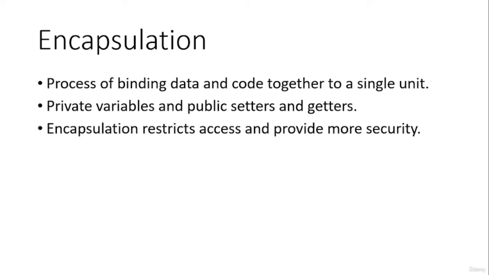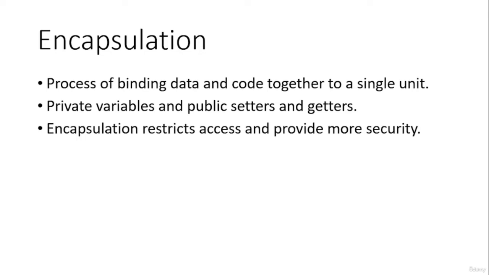Code means the methods, and data means variables. By using the encapsulation technique, we make a compact unit of both fields and methods, which restricts the access and provides more security to our code. Encapsulation is achieved in Java by using private fields and public methods.